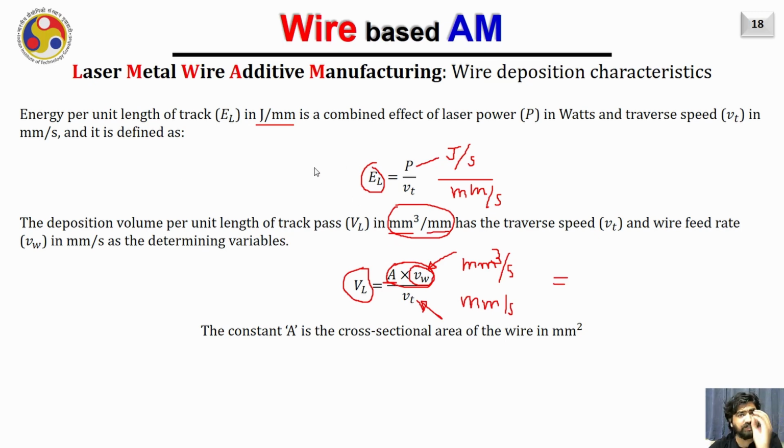We know the energy available per unit length of the track, and we also know the volume deposited per unit length of the track. Now we just have to find the optimal range of these two parameters, EL and VL, and we can map the entire process parameters in such a way that you obtain the desirable metal transfer, which is of course the bridge transformation or the smooth transformation.